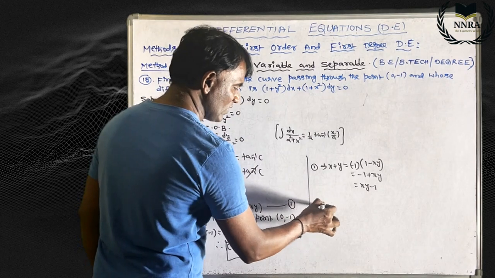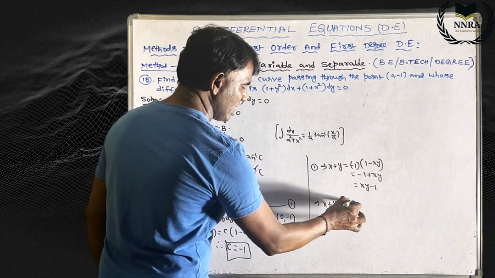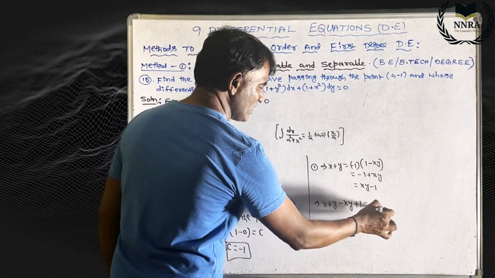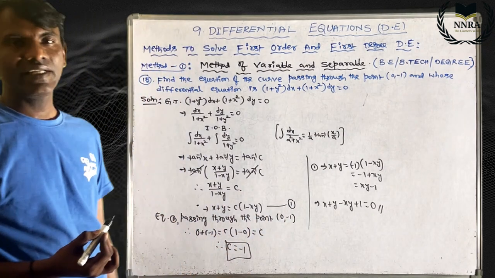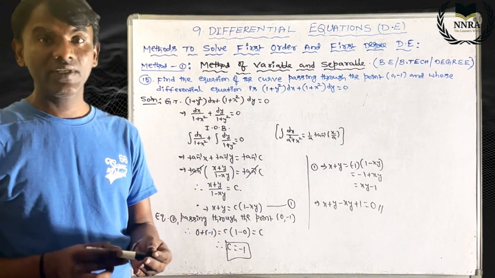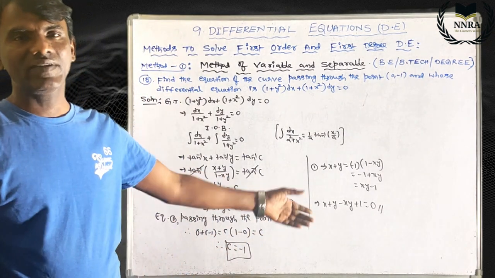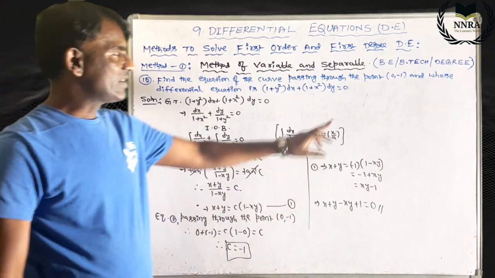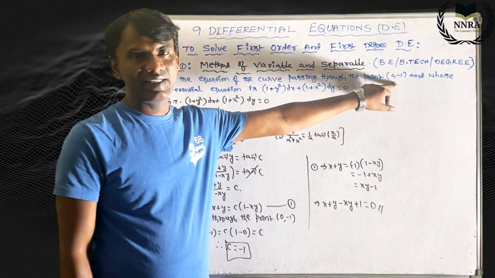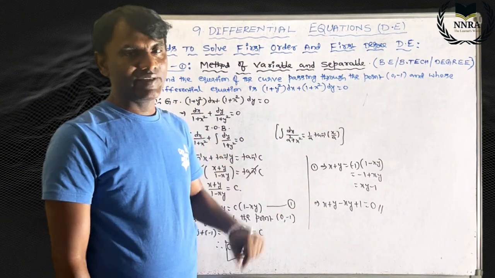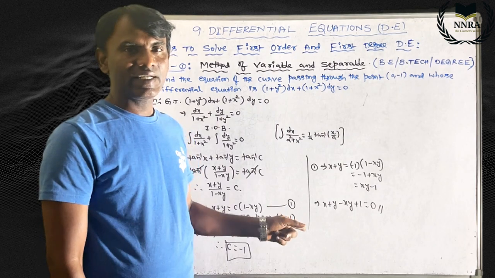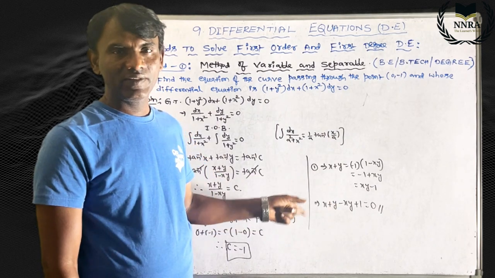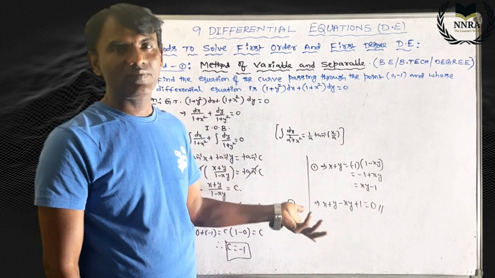If you want one more step, just write x plus y minus xy plus 1 equal to 0. So that is the required particular solution. Why? Because it does not have arbitrary constants. See, by using this initial condition, we found that c value. If it contains c, that is called the general solution. But without an arbitrary constant it means a particular solution.